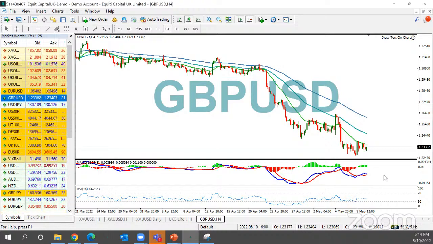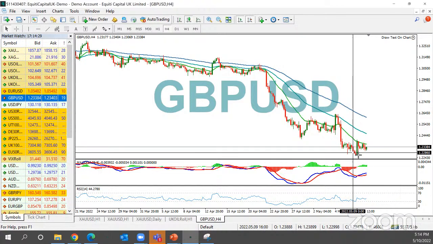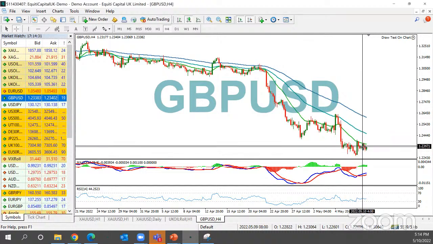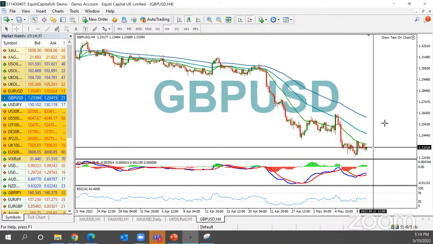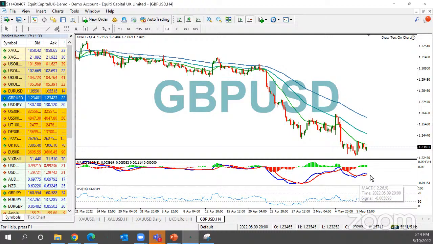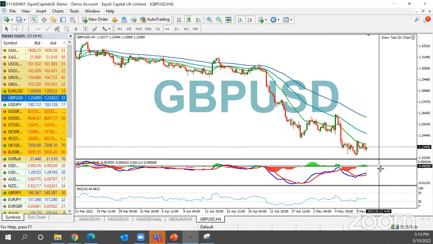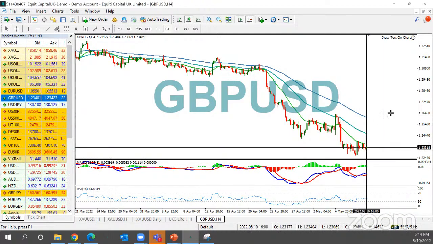MACD is still in negative territory, even though we're seeing this crossover happening over here. This crossover confirms that the downside has stopped. Basically, it doesn't mean that prices could continue to the upside. We need the MACD to go above the zero territory to confirm that prices will go higher.